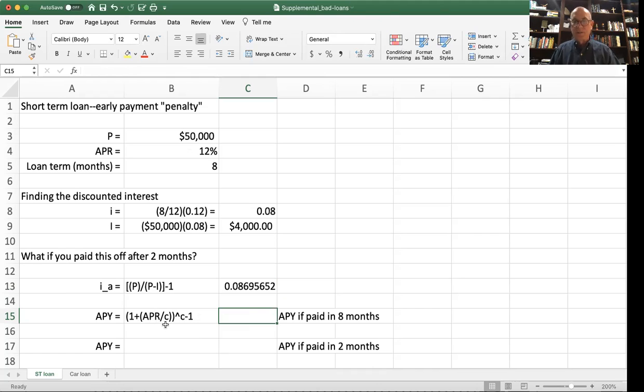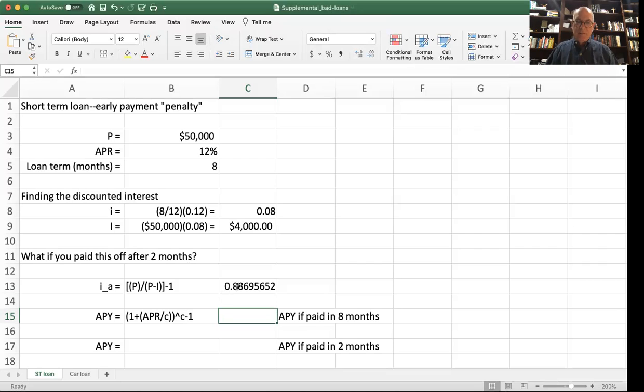Now this was the APY formula when we had compounding periods, right? We said it's compounded monthly, so C was 12, or compounded quarterly, so C was 4, or compounded daily, so C was 365. That formula worked.